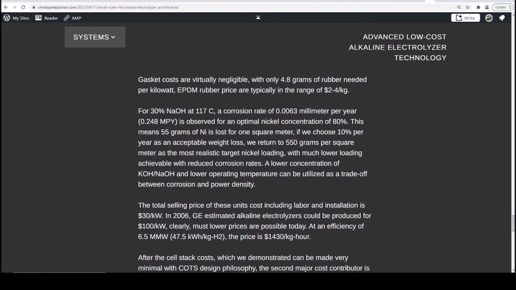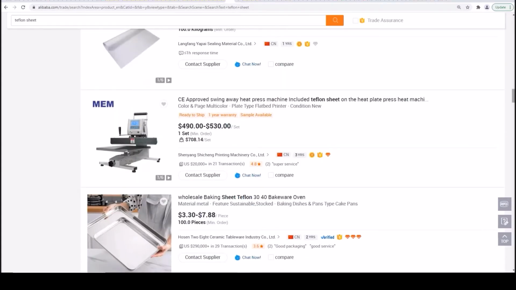So 6.5 would be 47, 8 would be about 39, and 5 would be about 50, 55. Some of these systems can use up to 70 kilowatt hours per kilogram. Some of these really small HHO generators are used for carbon cleaning.